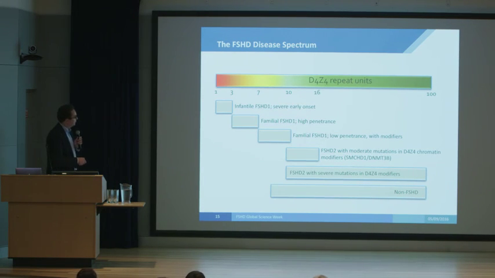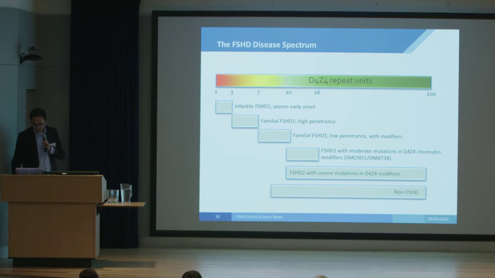But when the repeat starts to increase in size, it is not only the size of the repeat or the contraction, but it is also the addition of modifier loci, like SMCHD1 or DNMT3, natural variation that occurs in those genes that contribute to the probability of disease presentation and progression.